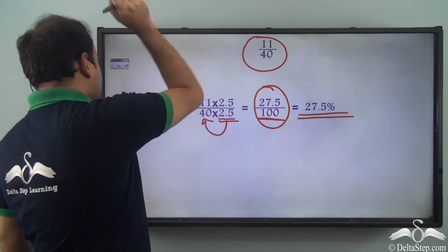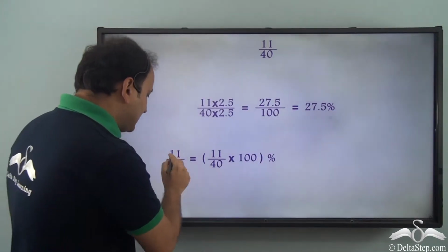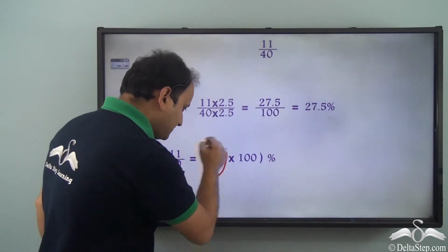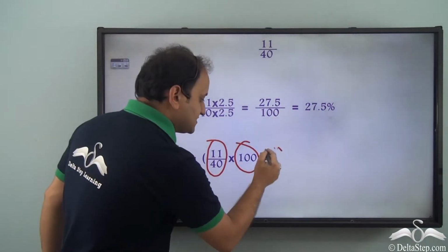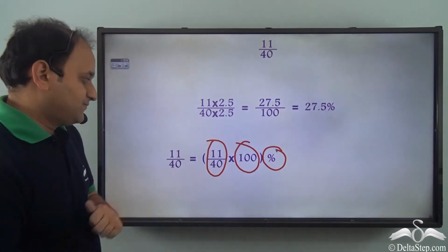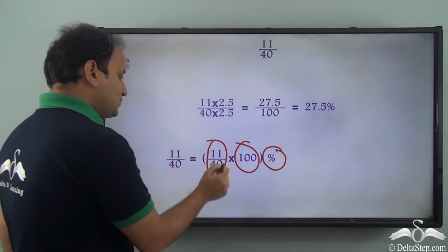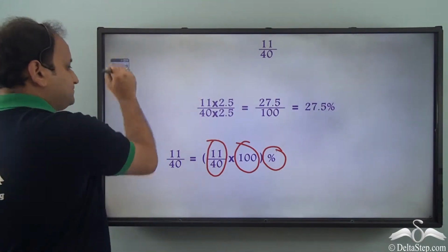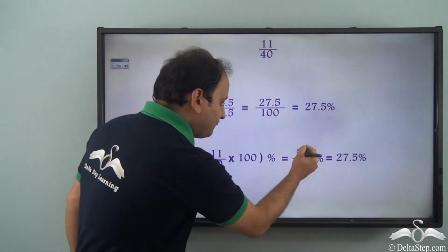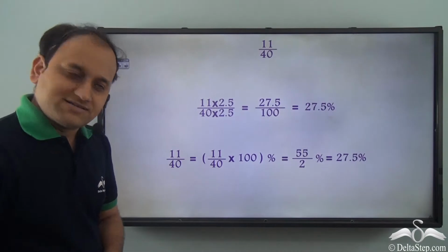Well, what we need to do is we need to simply multiply this fraction with 100 and we place a percent sign beside it. So what happens in this case? Well, if you solve this expression, then what do you get? We get 55 by 2%.